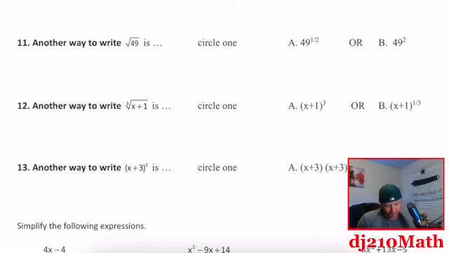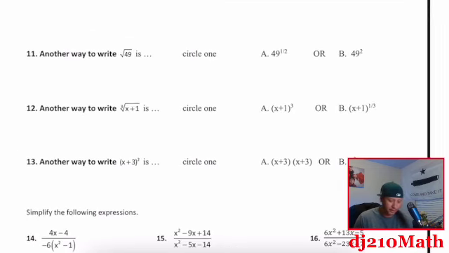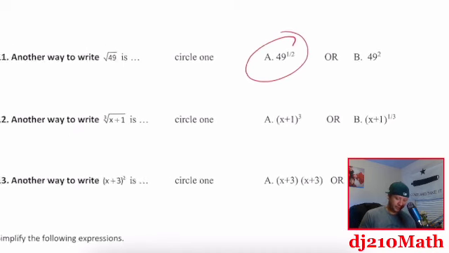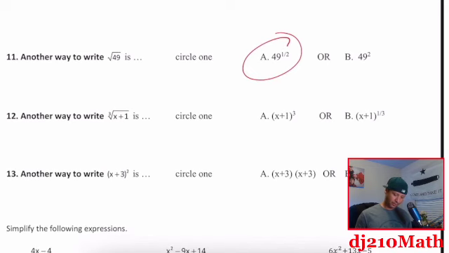All right, number 11. Another way to write square root of 49. What's it saying? So, okay, 1/2 power. So anytime you have a square root, that's basically a 1/2 exponent. Number 12.